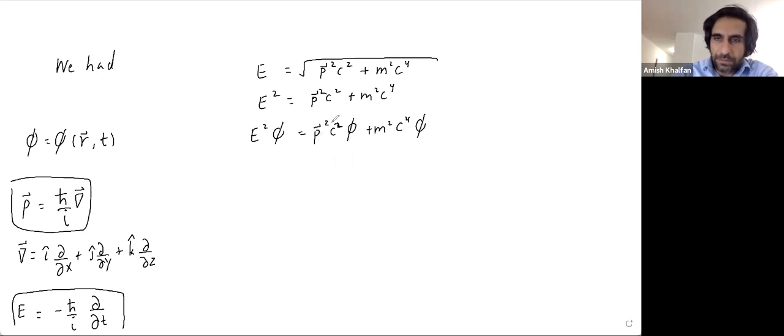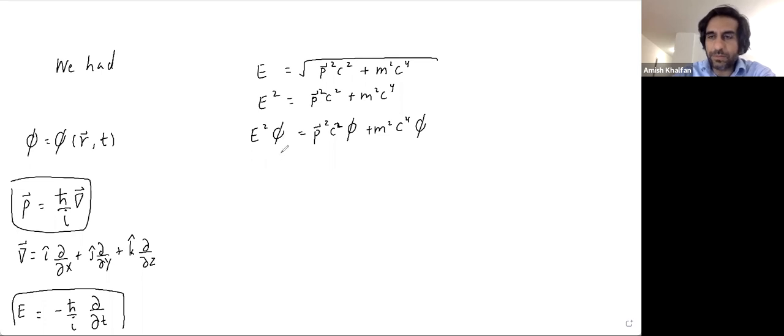Well, when I plug in for P in the formulation here for the energy, I plug in for P squared, I'll find that I'll have a del squared term acting on phi, the Laplacian. So I'll have a second order derivative in space acting on the wave function. And on the left side, when I plug in for E squared, I'll have a second order derivative in time acting on the wave function.